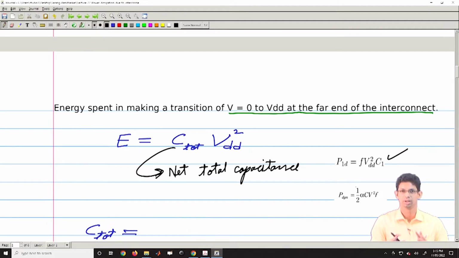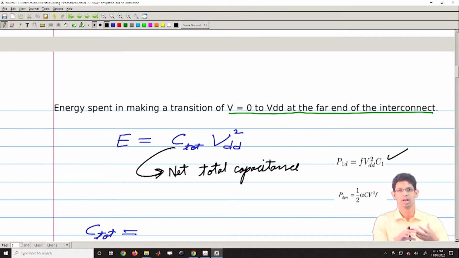However, to be more accurate, I will be referring to the paper where the term does not have a 1 by 2 factor, because when you are charging a capacitor through a resistor, some power is also dissipated in the resistor. And that comes out to be equal to half CV square as well.